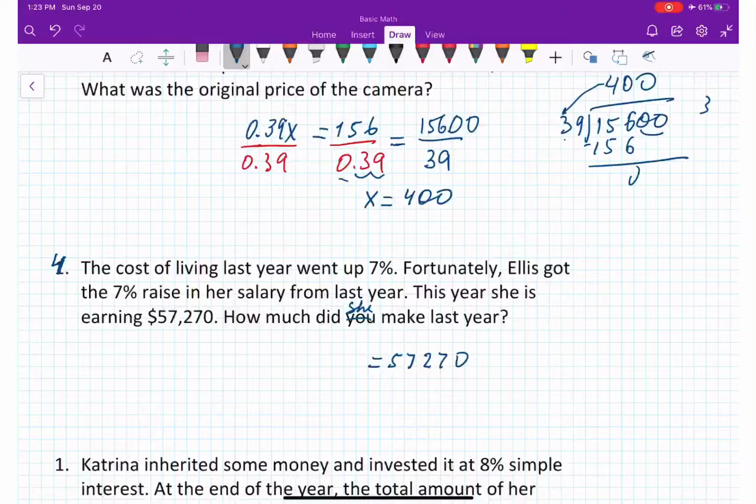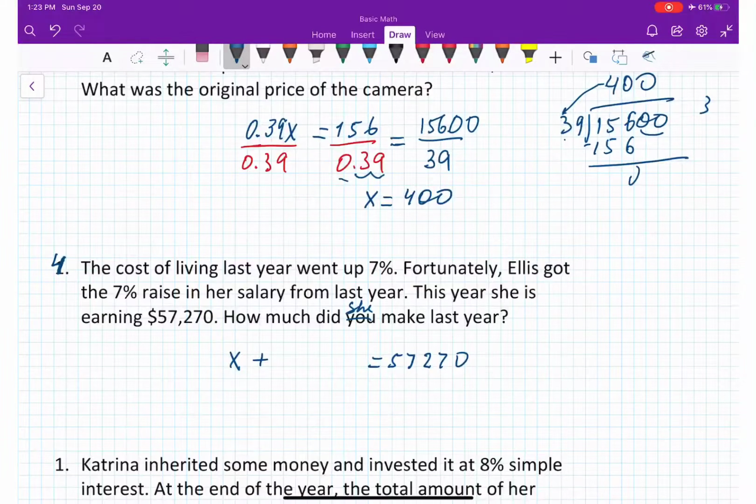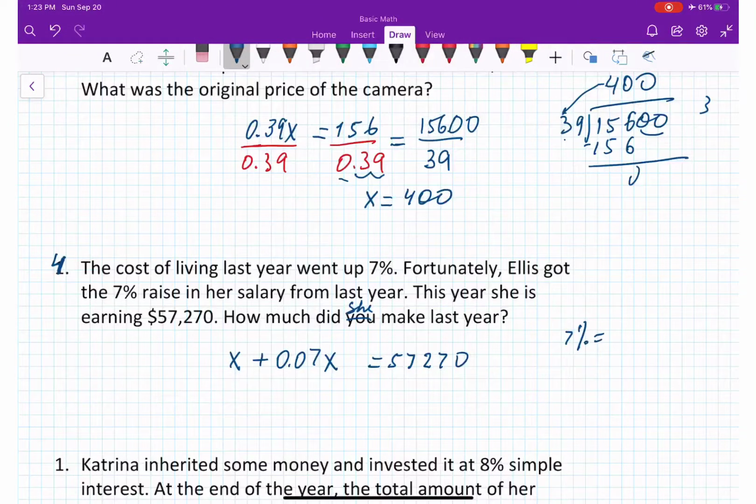How much was last year? No. That means X. Do we know what was her raise? Yes, 0.07 times her salary, right? Okay, 7% is 0.07, in decimal notation, we divide by 100.